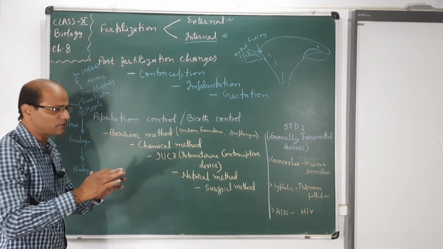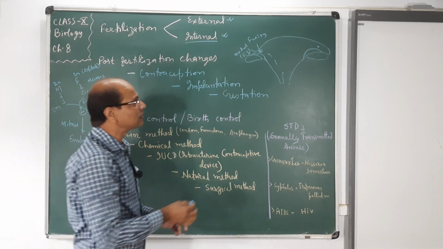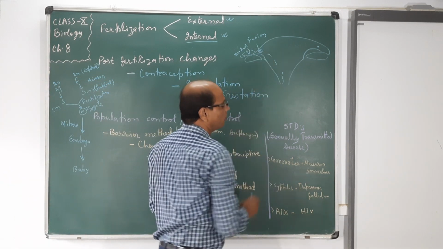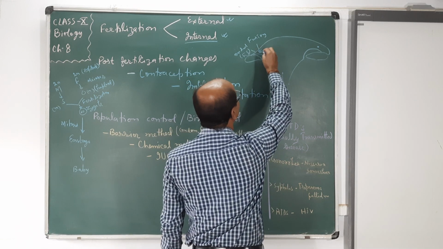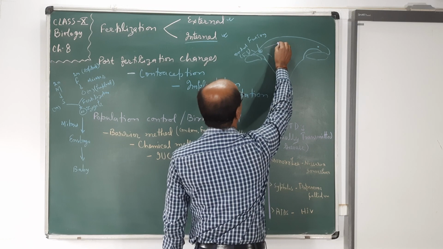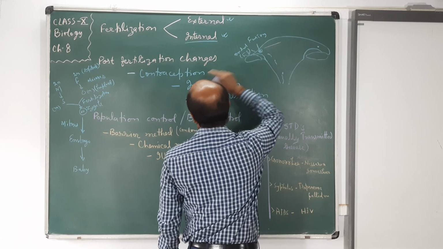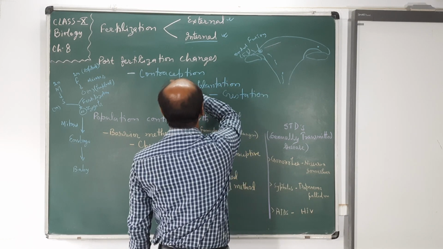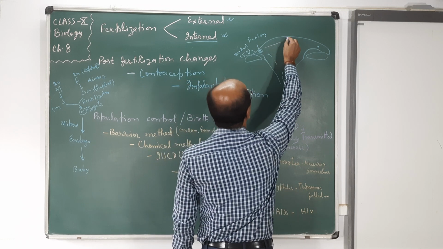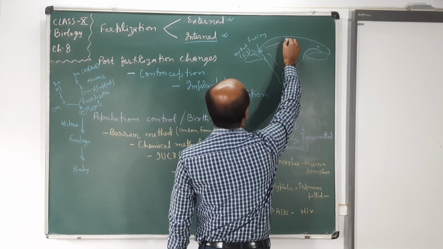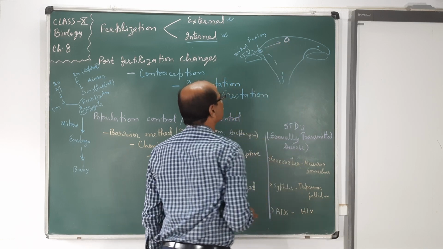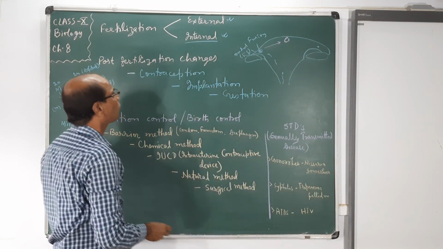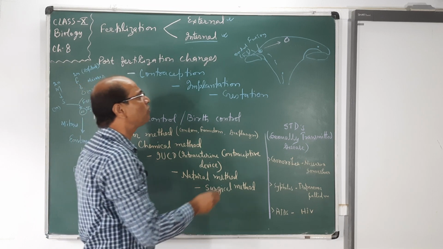So after fertilization, what happens? The zygote moves towards the uterus, and first of all, implantation takes place. So they attach to the wall of the uterus, and finally they become implanted.